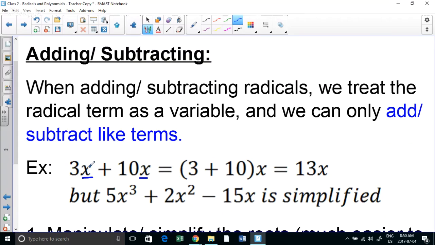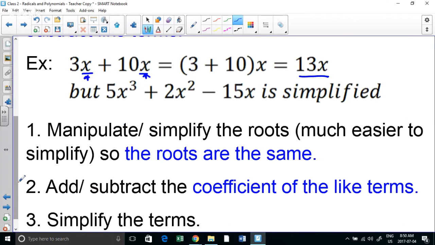So here I could add this 2 because the base was the same. We both had x and x to the 1. So we could just add the coefficients up and simplify this to 13x. But here, even though the base is the same, we have an x, an x, and an x, because the exponents are not the same, we have 3, 2, and 1, we cannot put these together. So that is a simplified expression.